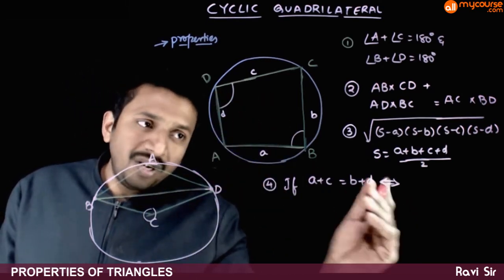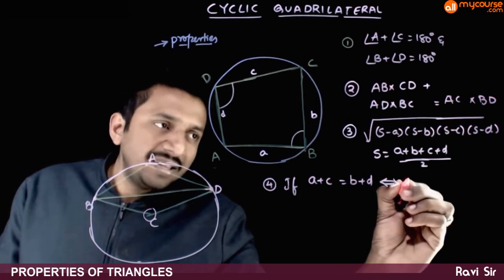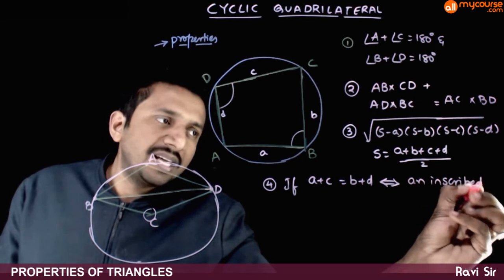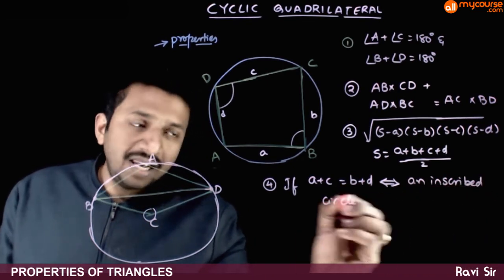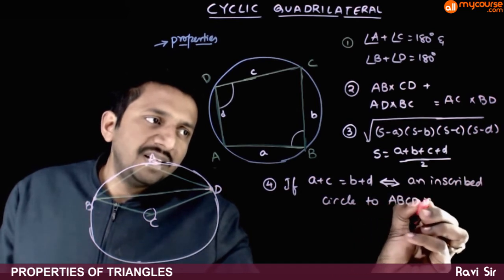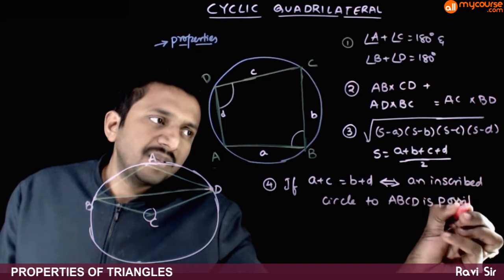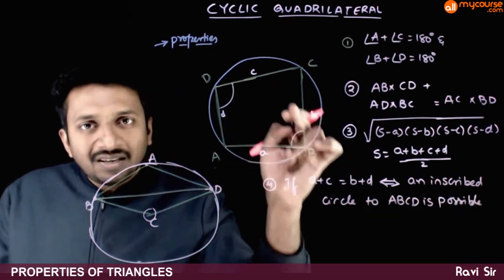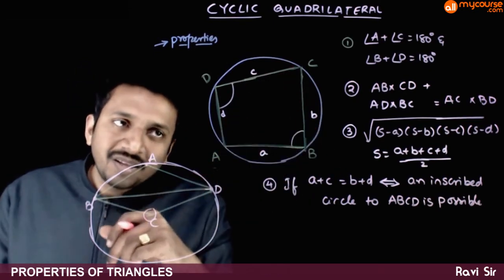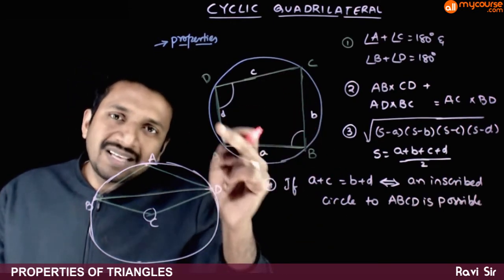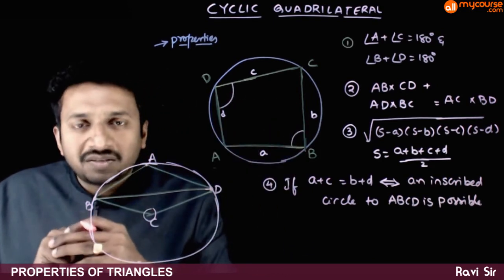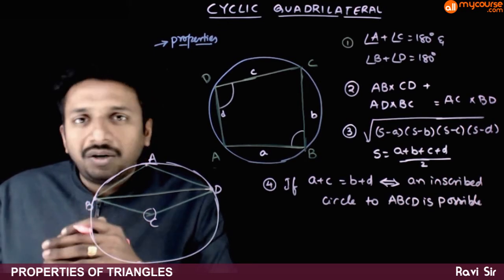If and only if A plus C is equal to B plus D, an inscribed circle to quadrilateral ABCD is possible. So if I can inscribe a circle in the cyclic quadrilateral, then A plus C has to be equal to B plus D, and if A plus C is equal to B plus D, then a circle can be inscribed. These are the four important properties of cyclic quadrilaterals which you need to understand.